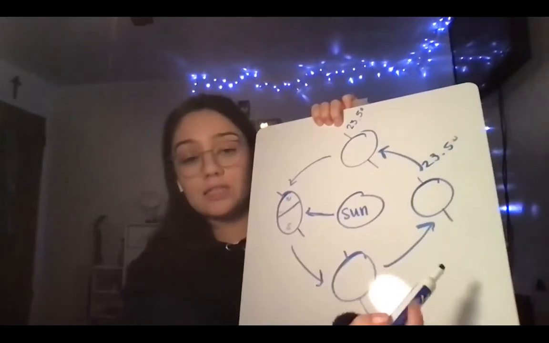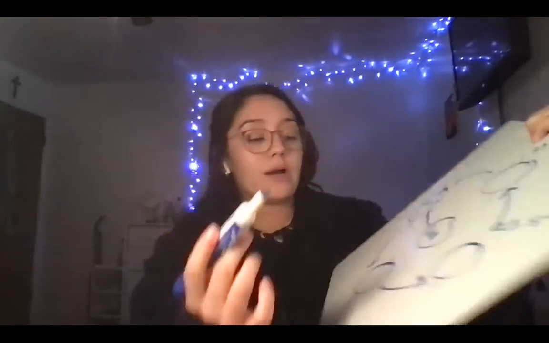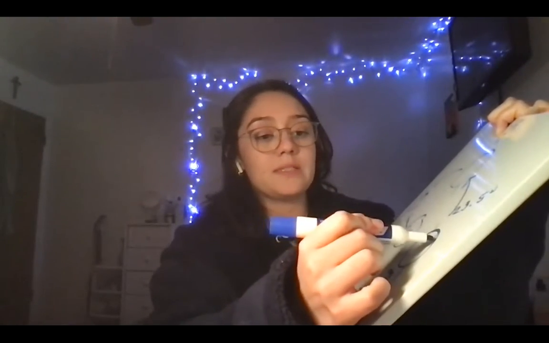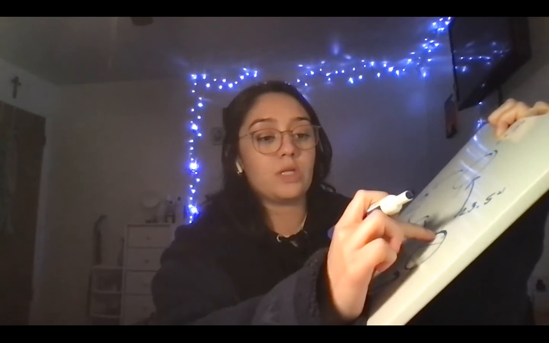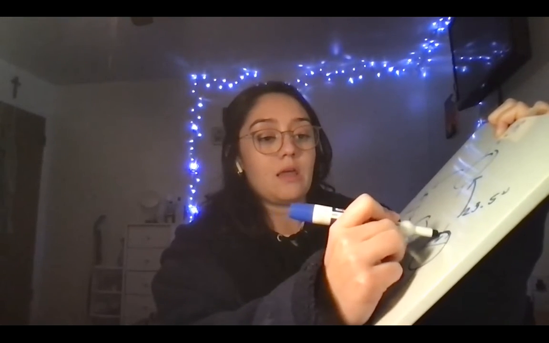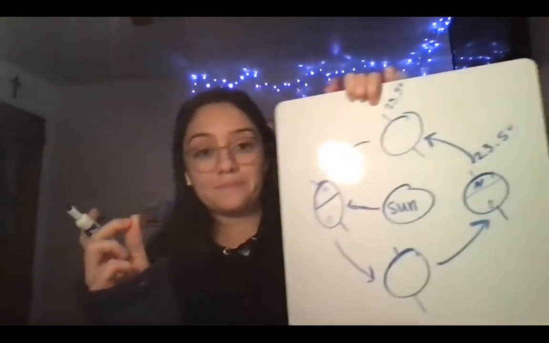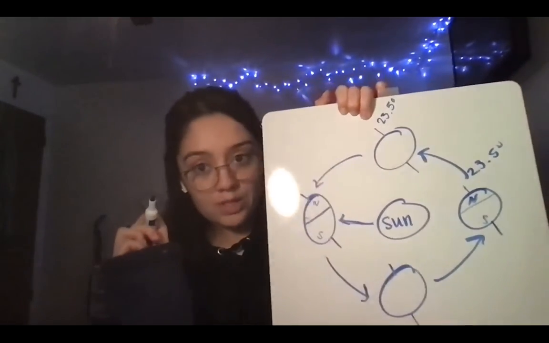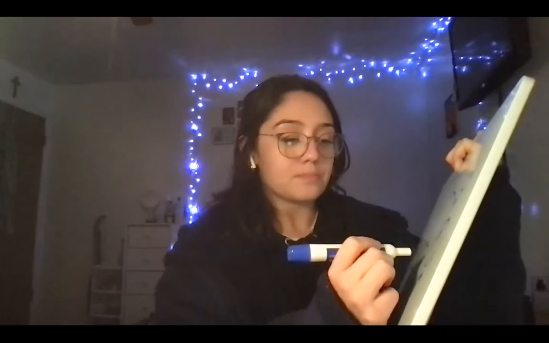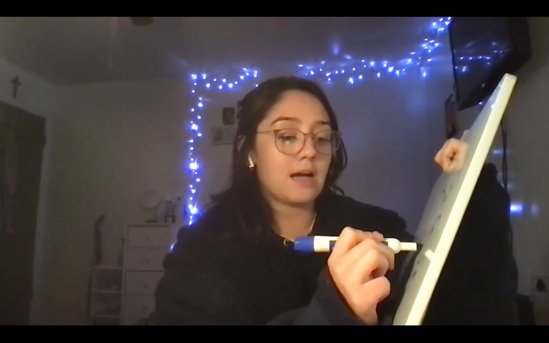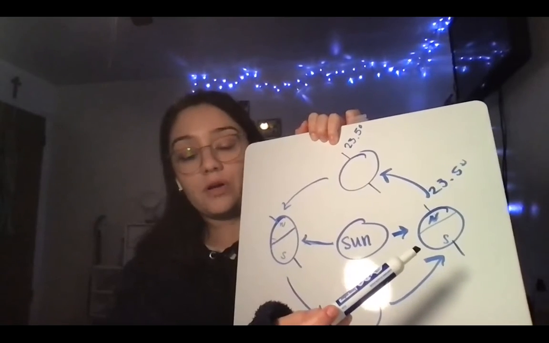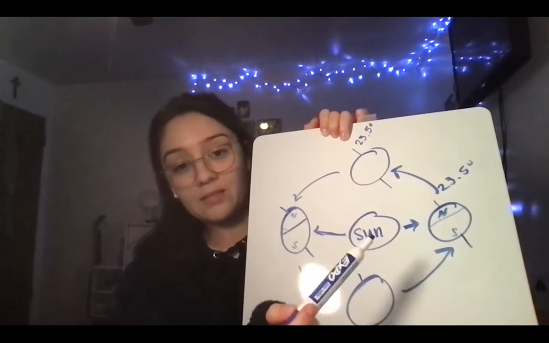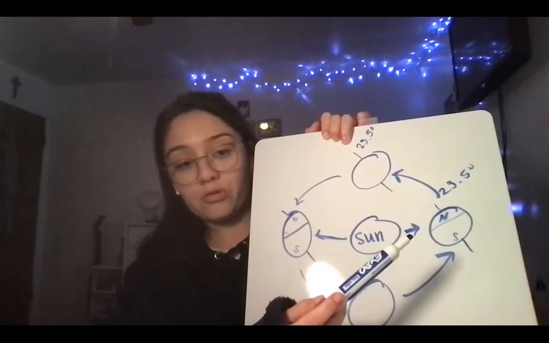Now, if we go to the other side, where it's summer, it's going to be summer in the northern hemisphere and winter in the southern hemisphere. And it's for the same exact reason. Because on this side, when it's summer, the southern hemisphere is getting less light, less solar energy from the sun than the northern hemisphere.